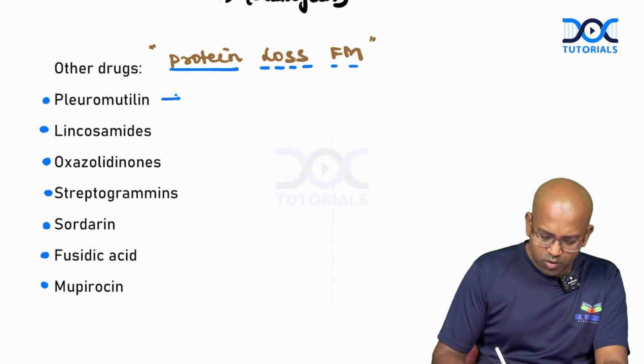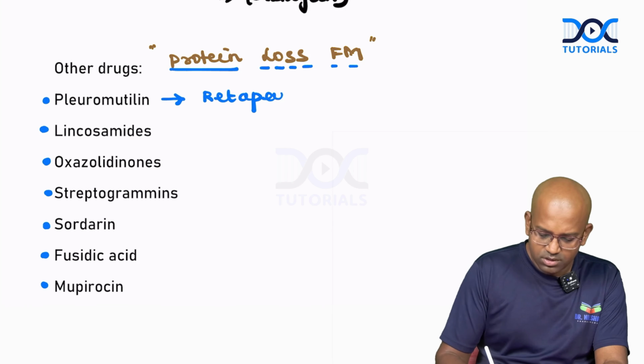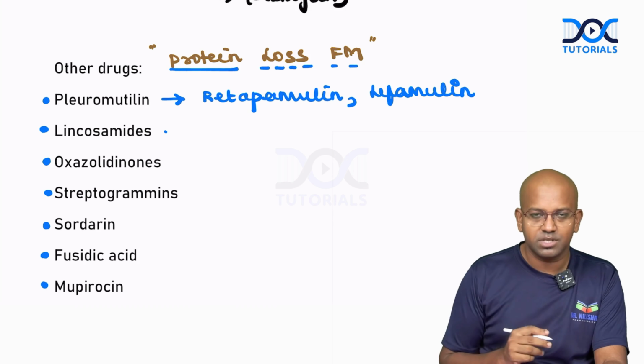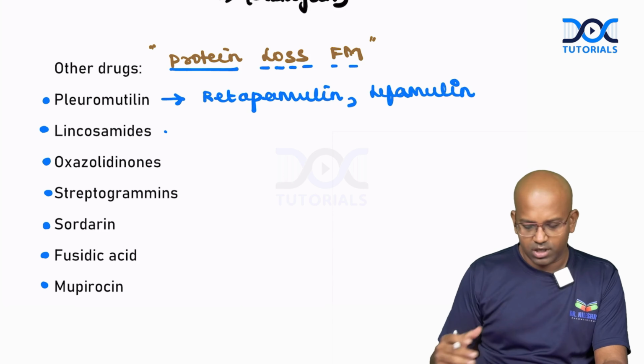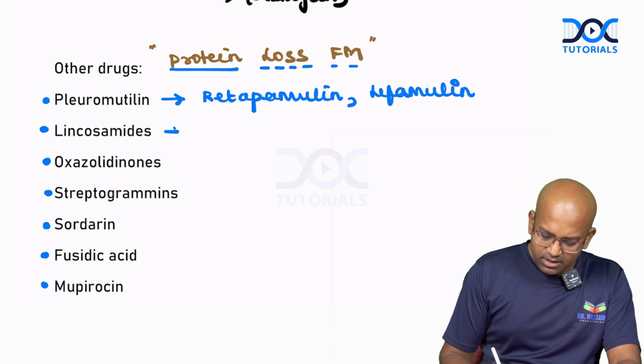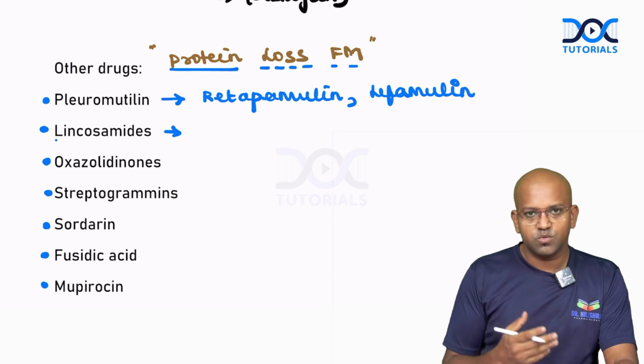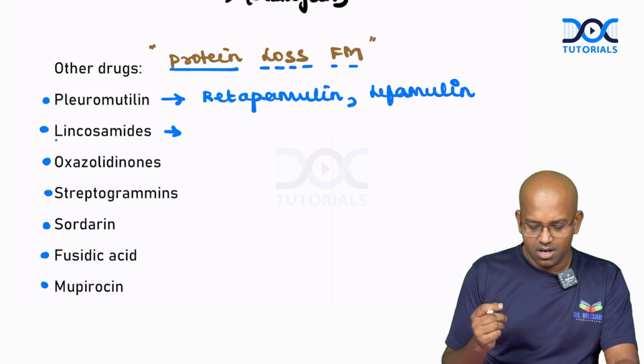Out of this, pleuromutilin is a group of drugs, guys. Drug names include retapamulin and lefamulin. These are the drug names; the group of drugs is pleuromutilins. Whereas lincosamides, on the other hand, again the drug name will be ending with mycin, guys. Like how we have aminoglycosides which are ending with mycin.